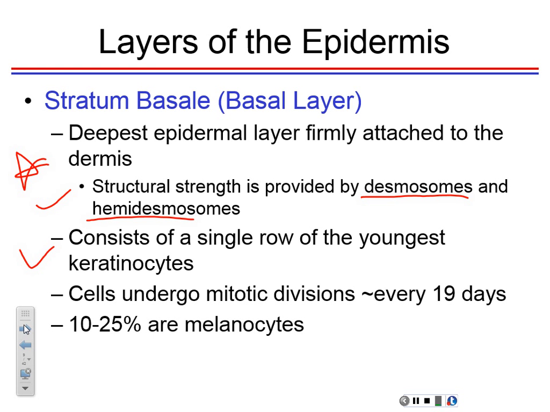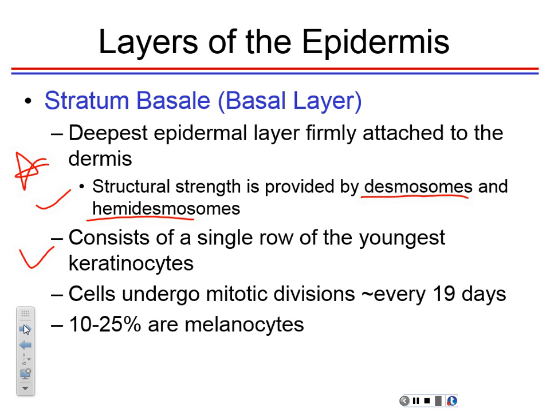And then later on, we'll talk about the progression from the cuboidal keratinocytes in the basal layer to the squamous flat cells in the stratum corneum, surrounded by lipids. So we're changing cell shape, we're changing chemical composition of the cells as well when we do that.